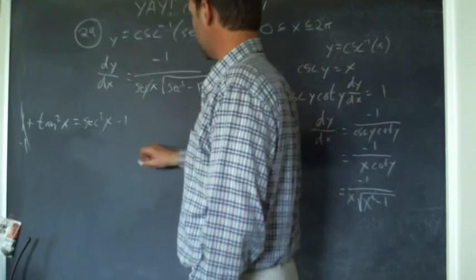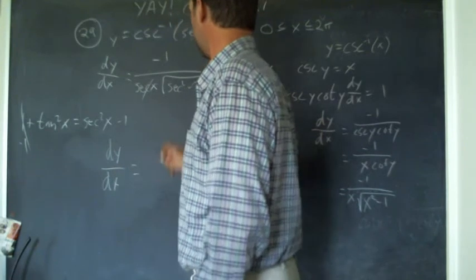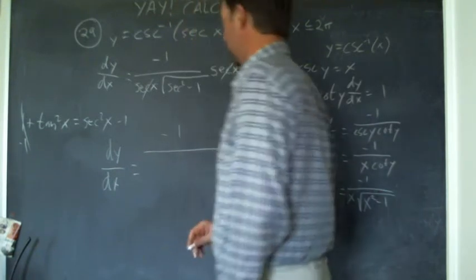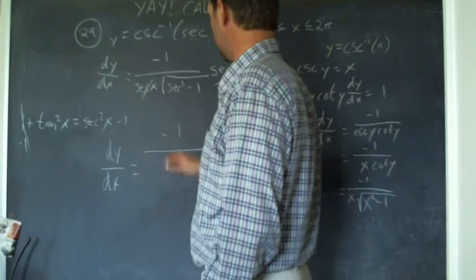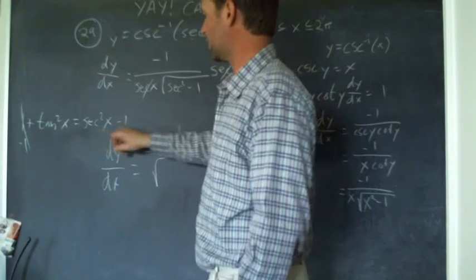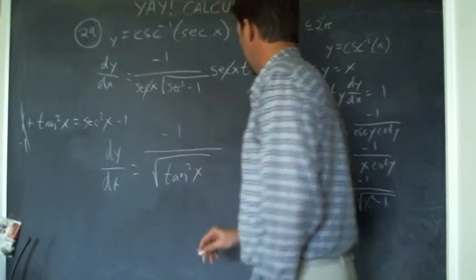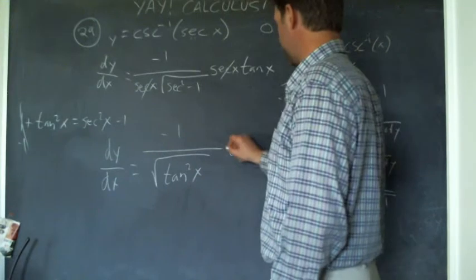So from here, dy/dx equals negative 1 all over, so that's gone away. That square root is still here. Secant squared minus 1 is equal to tangent squared of x. And then still times tangent of x.